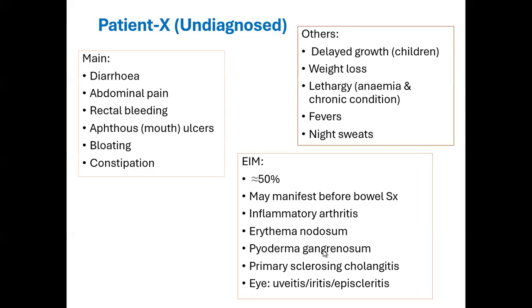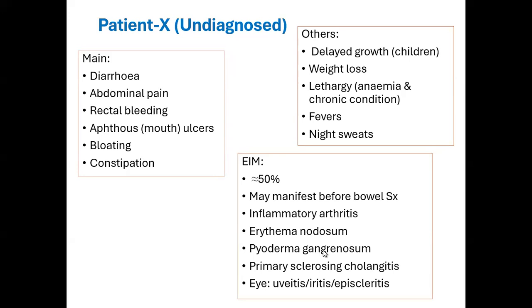And then other things that can happen is delayed growth, especially in children. And that's because of one of two reasons, really. They're not absorbing nutrients from their food because of the transit of the diarrhea all the time, but also they might be on steroids to treat their symptoms.